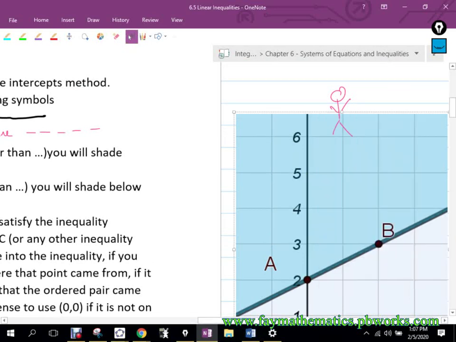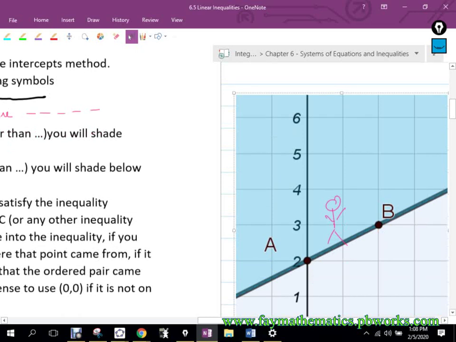And if that's my stick figure, I'm hanging them up here and I'm going to drop them. That is not nice. And when I drop him, he's going to land right there. Does that make sense? He's not going to get beyond that line. And now his body would be above the line. Does that make sense? And if I need to shade greater than, I shade above. Okay? If I need to shade less than, I shade below. So this tells me where he lands, tells me the top of the line, and then obviously shows me where the bottom of the line is. Does that make sense?